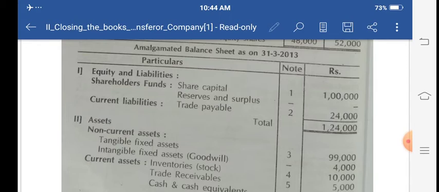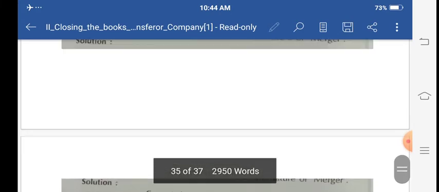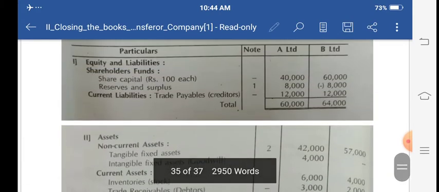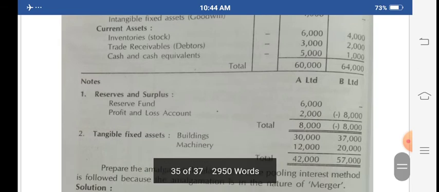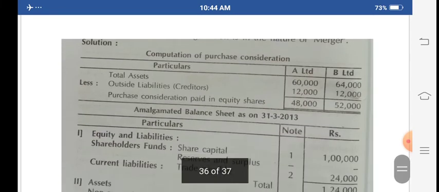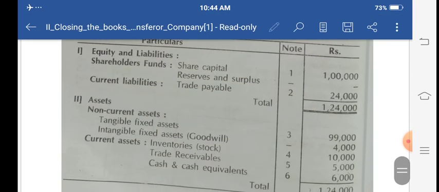Next, reserve and surplus. See in the balance sheet, A's reserve is rupees 8,000 and B's is minus 8,000. So it is nil, it will just show 0. See here, the new reserve and surplus is showing nil. Next, trade payable, note number 2, which is 24,000. How did the 24,000 come?